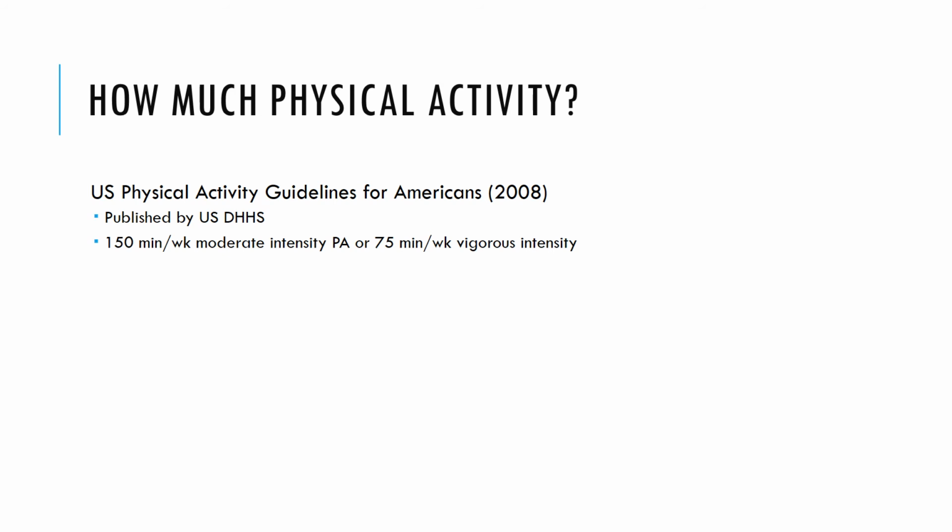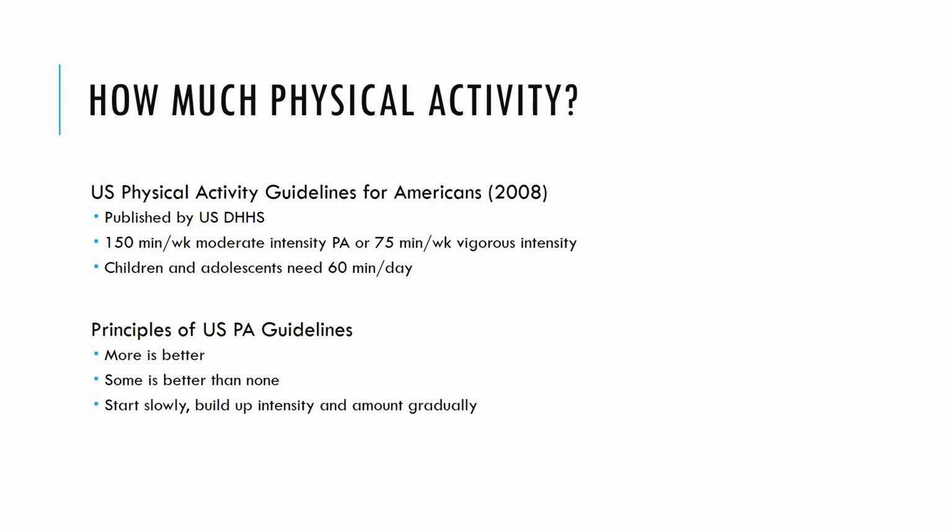Keep in mind that it's physical activity. It doesn't have to be exercise. Okay? The recommendations are true for every single group: elderly, pregnant women, people with disabilities, with the exception of children and adolescents who actually need more physical activity. They need 60 minutes per day.